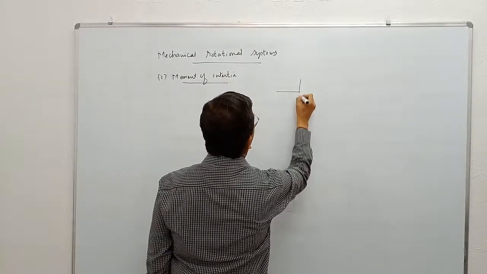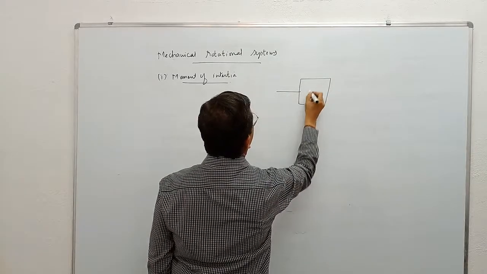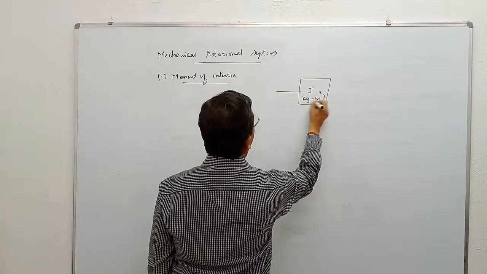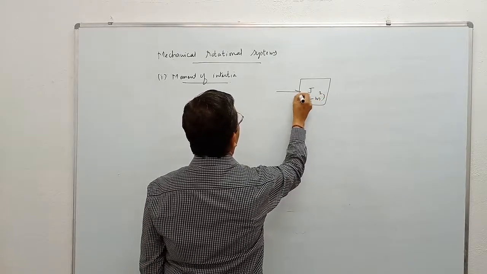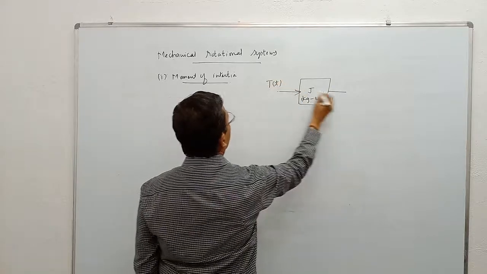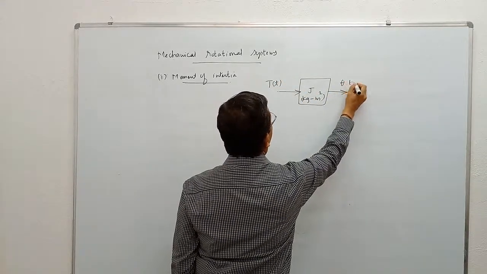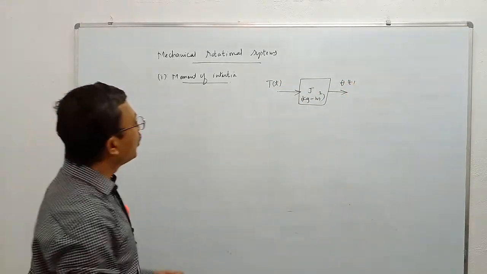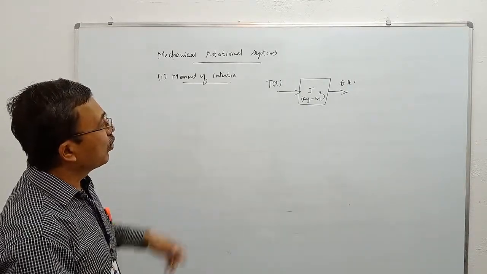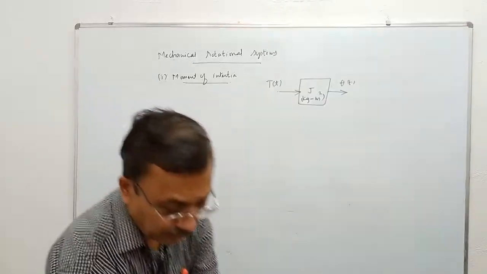This is the moment of inertia, represented in kg meter square. The input for moment of inertia, instead of force, is torque, and the output is theta of t. The role of force is taken over by torque and the role of displacement is taken over by theta.